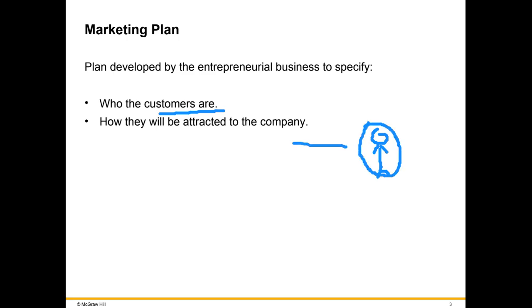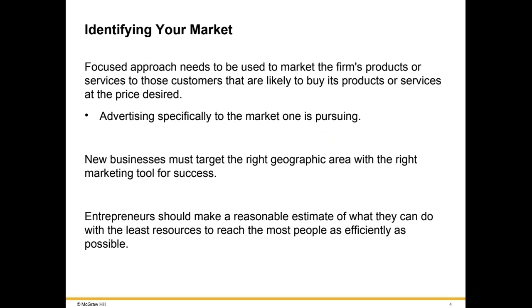Then selling is the part through which we tell them, okay, we have made the product, this is the ideal product for you, and here are the prices and promotions and everything around this, and how they will be attracted to the company. That's the process of marketing. So let's go and see. The marketing plan is basically a plan in which we integrate all these things.